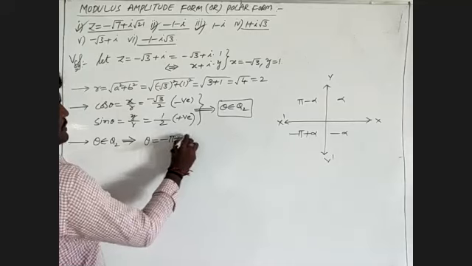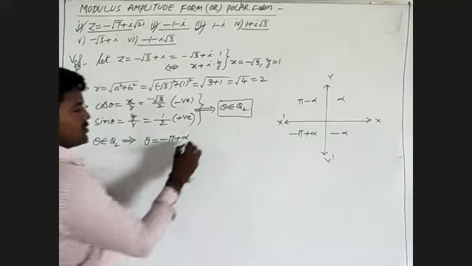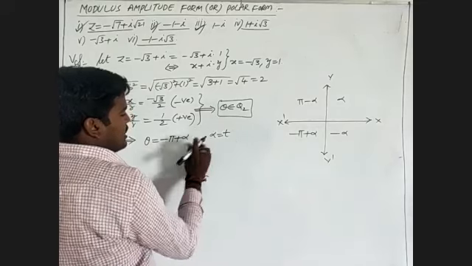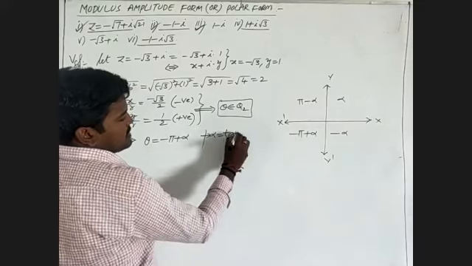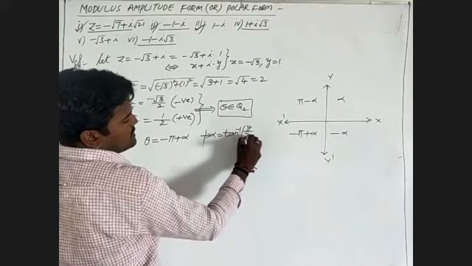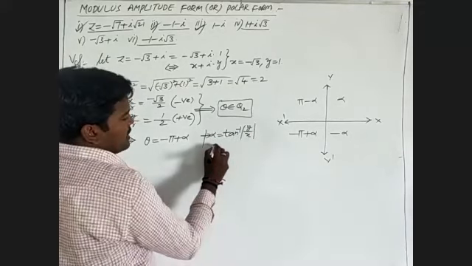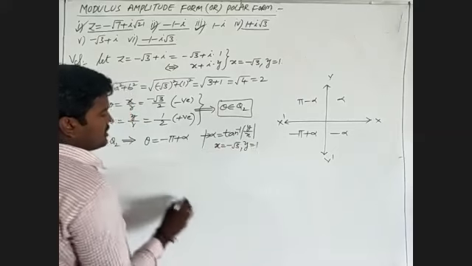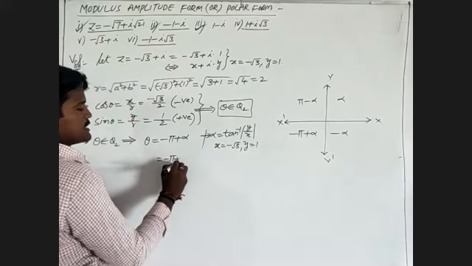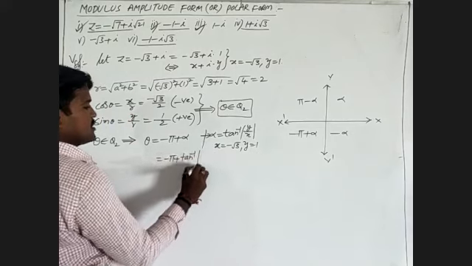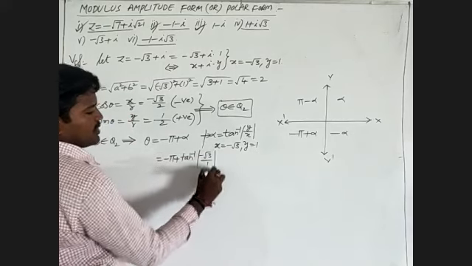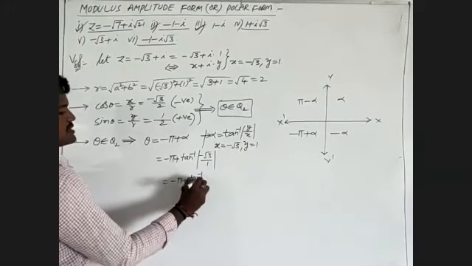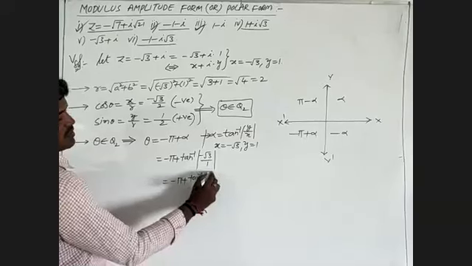Minus pi plus alpha, we will write, where alpha is nothing but tan inverse of mod of y by x, where x is minus root 3, y is 1. That I will write: minus pi plus tan inverse of mod of minus root 3 by 1. That means minus pi plus tan inverse of root 3.